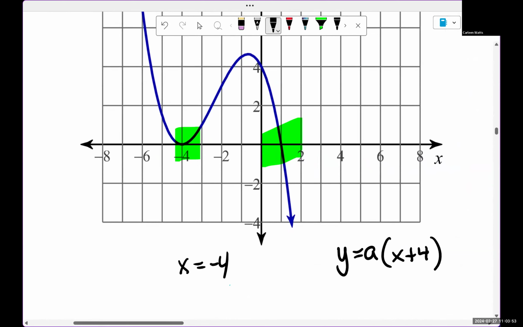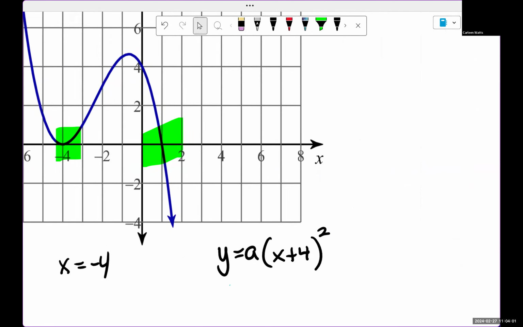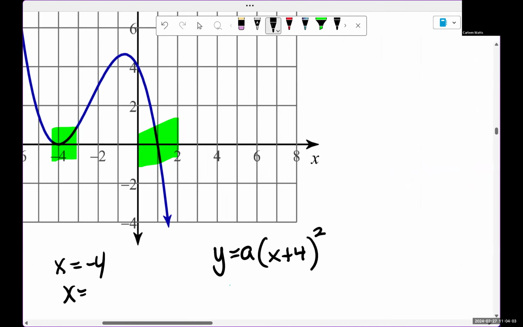So if it's a bounce, what do I need to do on my equation? Okay, so this is squared. Okay, and what is the other one? So we have x equals -4 and x equals +1. So that's x minus 1, right? So 1 is a bounce, you have to put an exponent of 2.